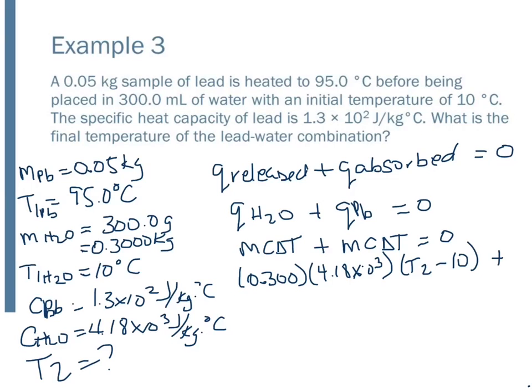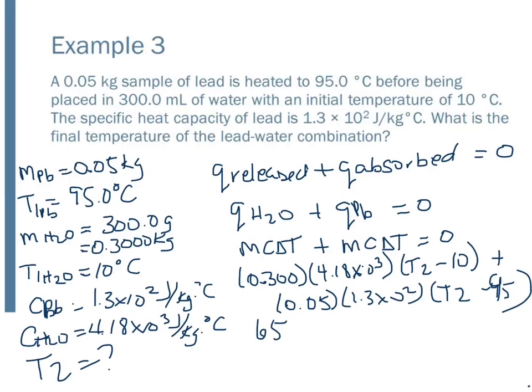Okay, so I'm just going to write down on my other line here. So then I have my mass, I have my C value, and then I have T2 minus 95. And that's still all equal to 0, okay? So now I'm going to simplify. So I'm going to do my 0.3 times my 4.18 times 10 to the power of 3.